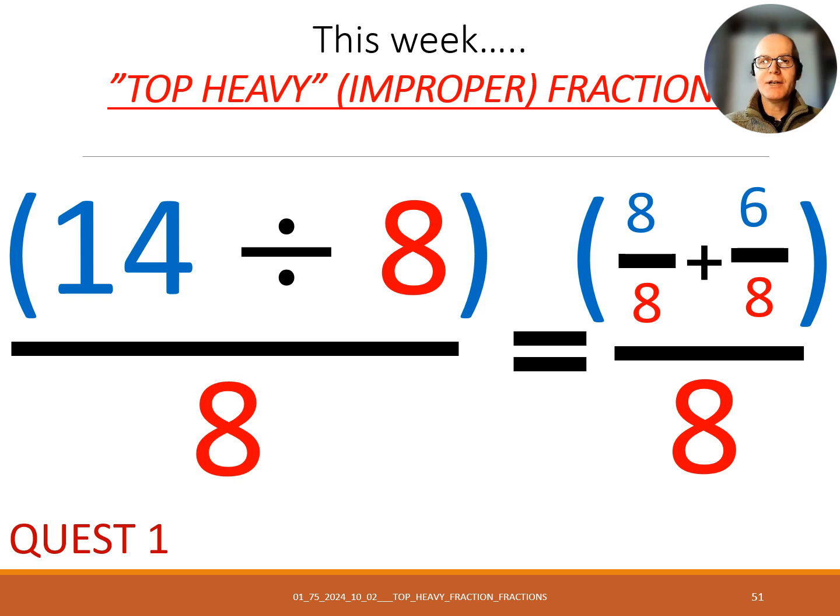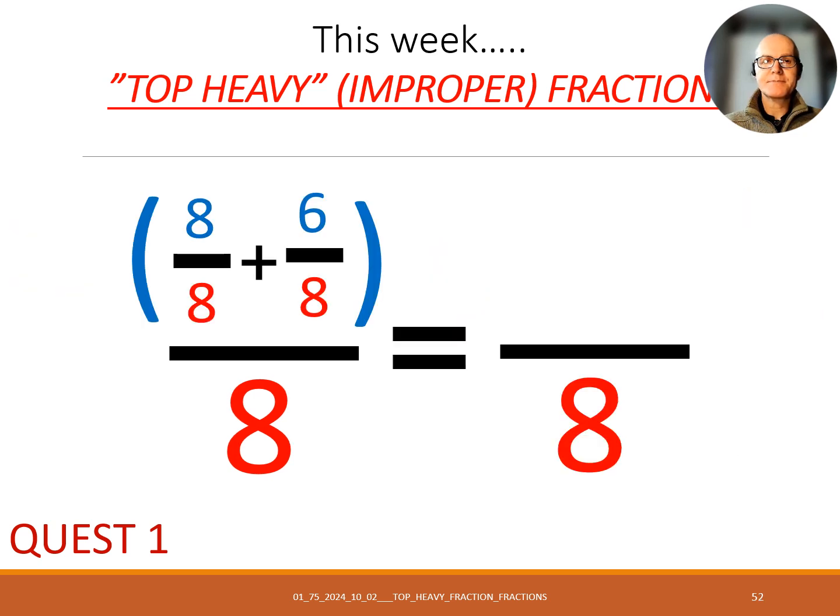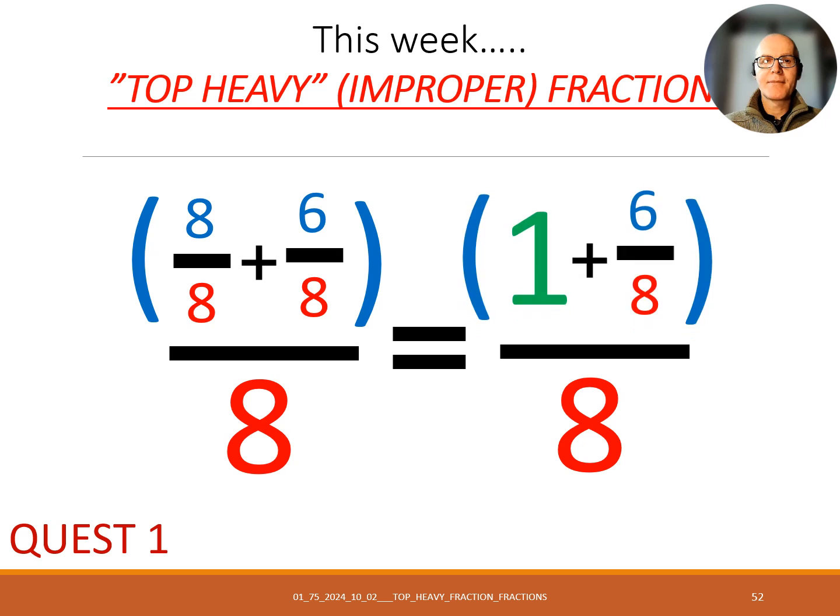And how many left over? 6/8 left over. 8 plus 6 is 14. We've used 8 of the 8s from 14 to make one whole, and that leaves 6/8 left over.